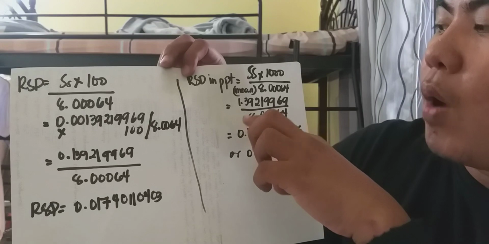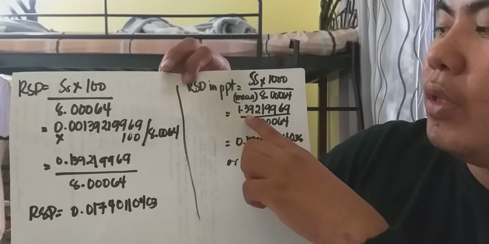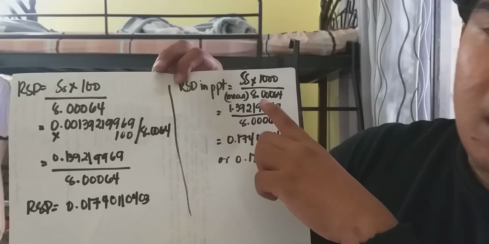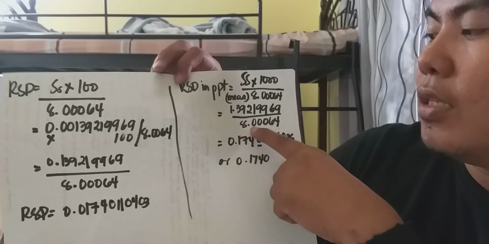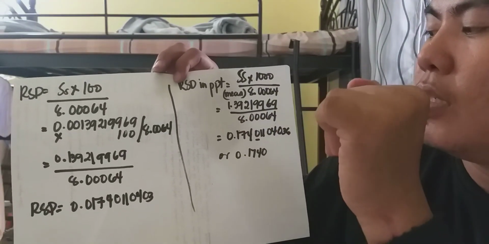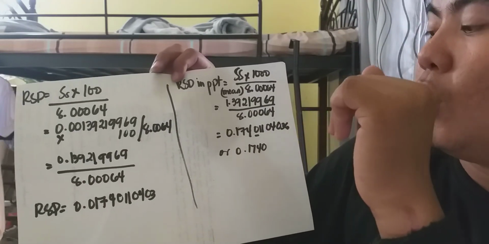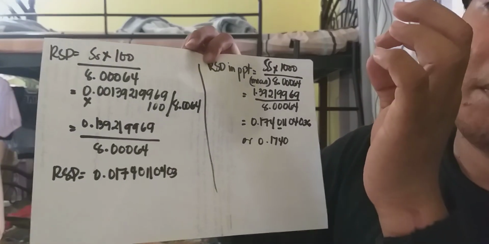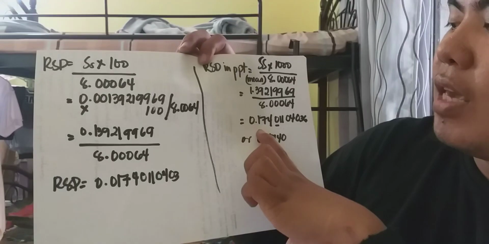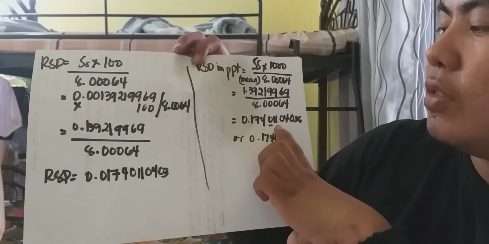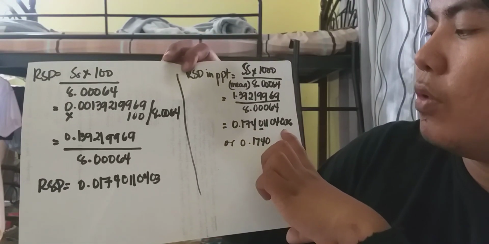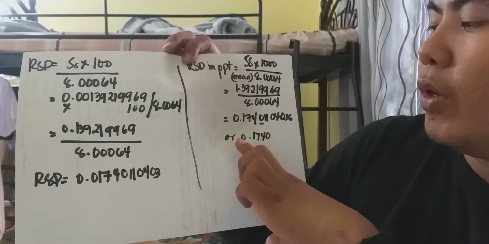So we get 1.39219969, divided by 8.00064, your mean. So, we will get 0.17400110436, or 0.1740 grams. Don't forget our grams, everyone.